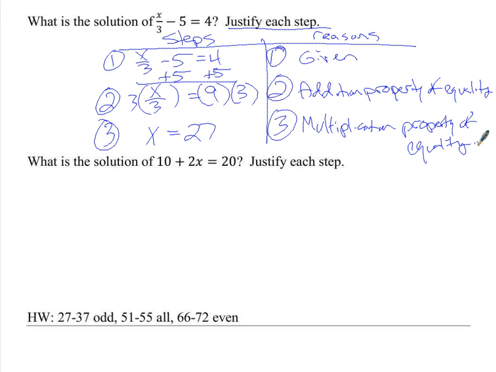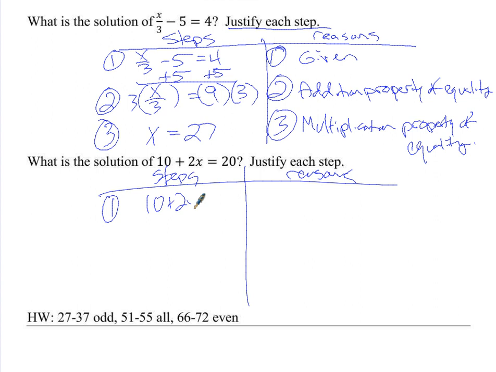Go ahead and do the last one. Same way. What should I write for the third one? I need the table, steps, reasons. Okay, step 1. The equation is 10 plus 2x equals 20, and the reason is given.